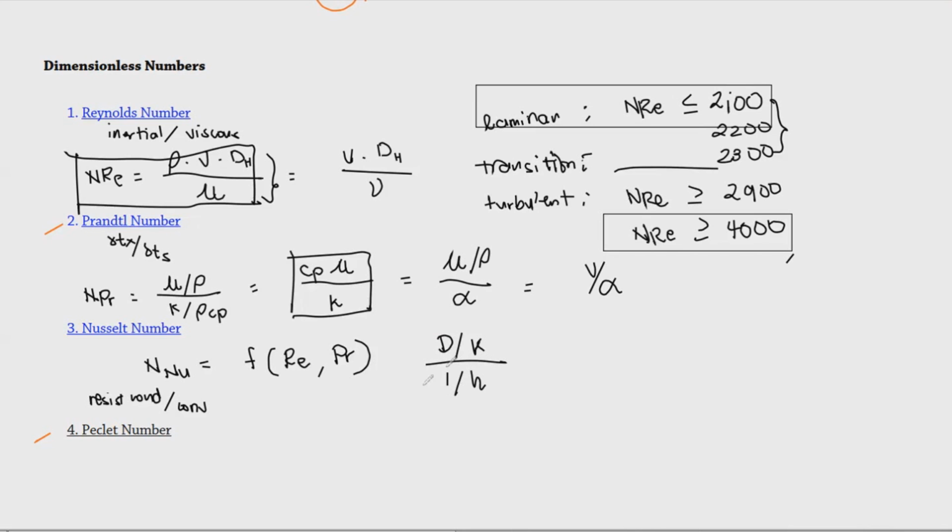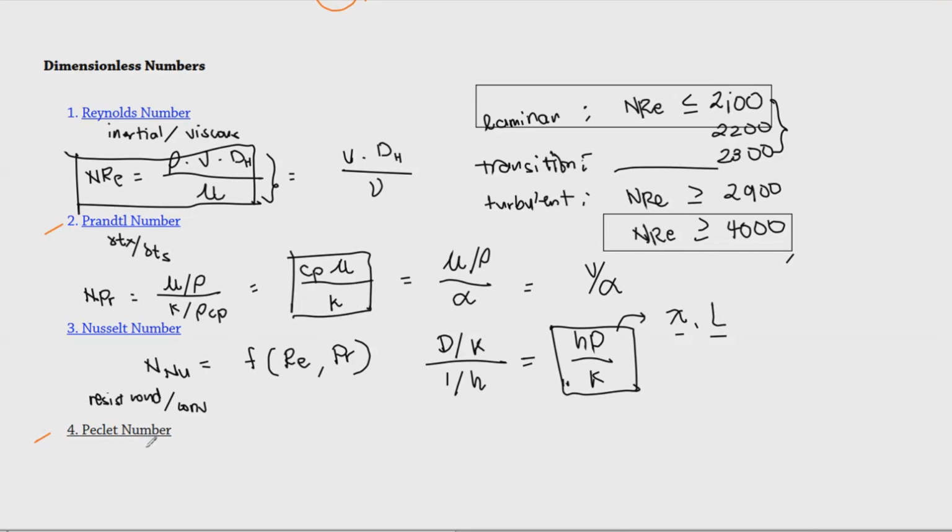We used to add these as our resistances when we have combined convection and conduction. If we rewrite this, we'll have hD over k, where h is the heat transfer coefficient for convection, k is the thermal conductivity, and D is, of course, the diameter. But for the element that is in contact with the fluid, that is the characteristic dimension of the element we're thinking of. This can also be x, L, or whatever the value is, depending on the problem.